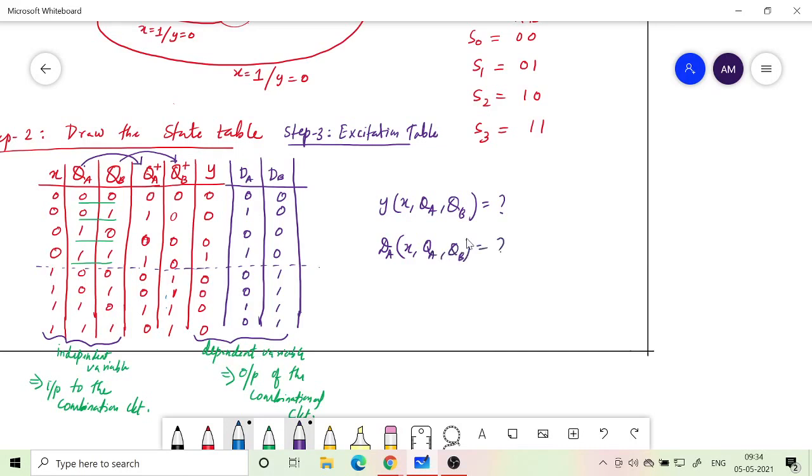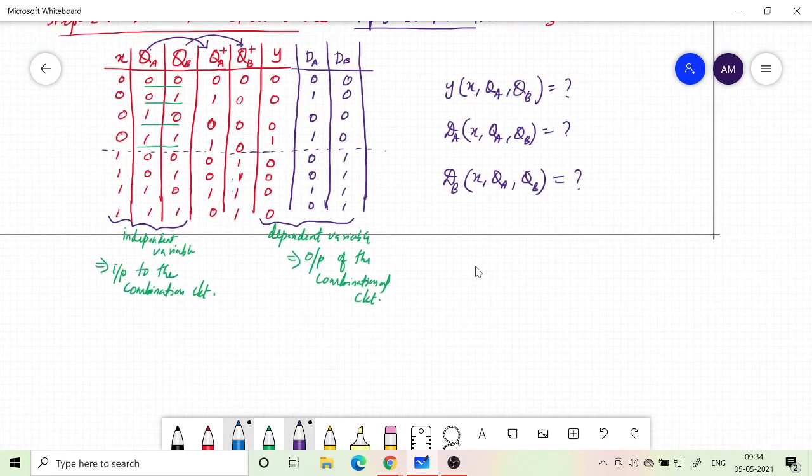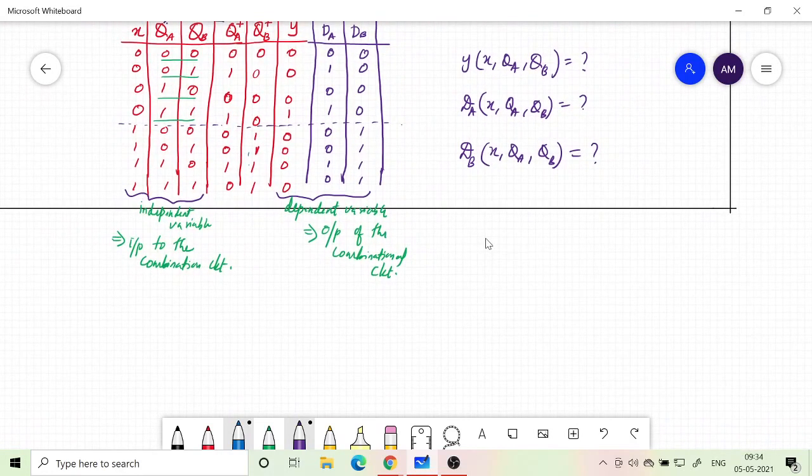So these three functions, Boolean functions, this is just like any combinational circuit design. I can use a multiplexer also to design this. Okay, so this is also depending upon X, QA, QB. I have the truth table here. So if I want to design using a multiplexer, that may be a convenient way. So let me just continue here.